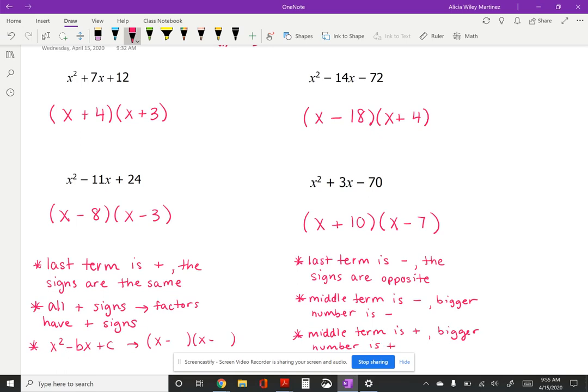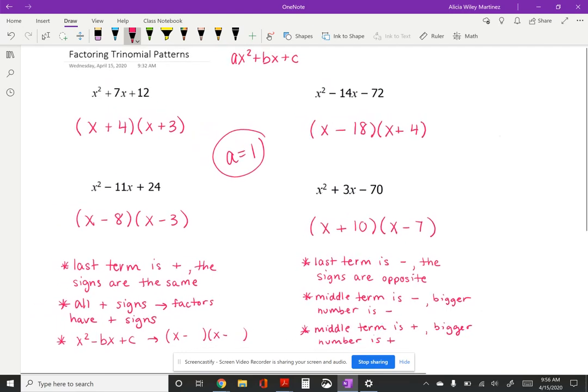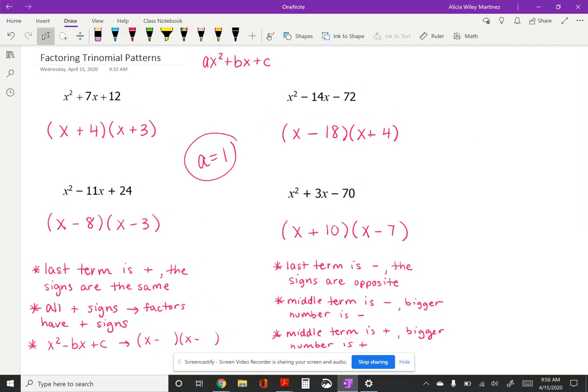Now these patterns mostly show up when the value of a equals 1, which in all of these problems a does equal 1. You do tend to see these patterns even when a does not equal 1. We will be talking about how to factor the problems when a is not equal to 1 in a later video.